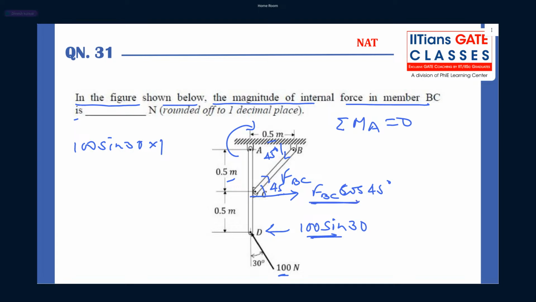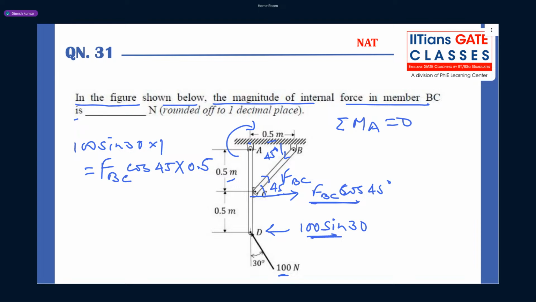The force FBC cos 45 about this point A, if you take moment, it will give me the opposite moment. There is no other moment, right? So it is FBC cos 45 into 0.5.